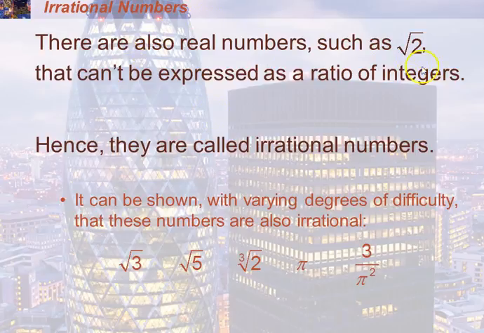The way you know if something's irrational is, first off, if it's in a square root, that's a pretty good sign. Square roots give you numbers that are hard to deal with and not rational.